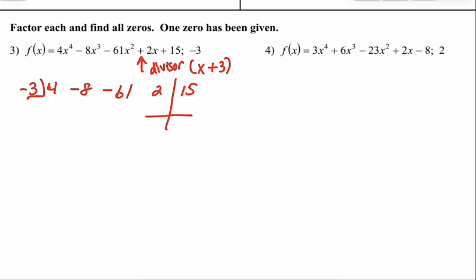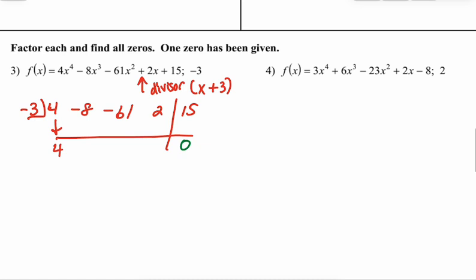I'm going to make my synthetic division box. Now, it better be a 0 remainder in that corner because they've told me that x plus 3 is a divisor, negative 3 is a 0. If x minus n is a factor, then n is a 0.